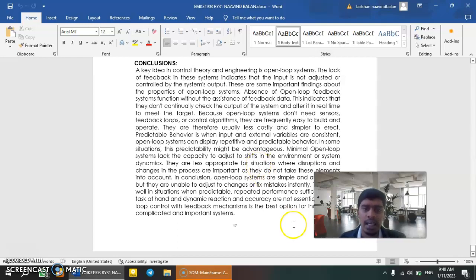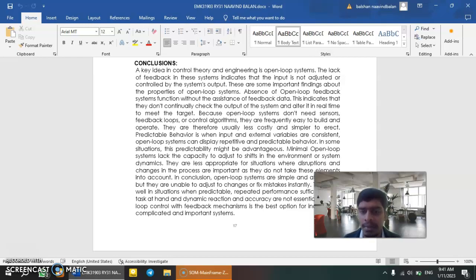They are less appropriate for situations where there are disruptions and changes in the process. The open loop systems are simple and affordable, but they are unable to adjust to change or fix mistakes instantly.